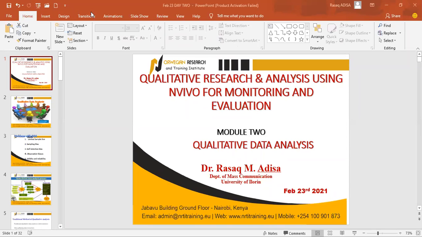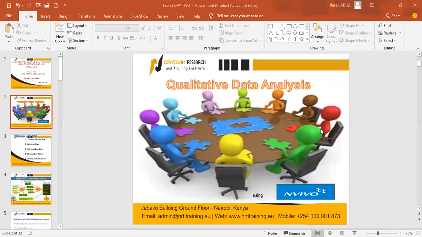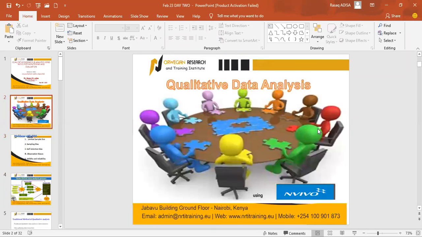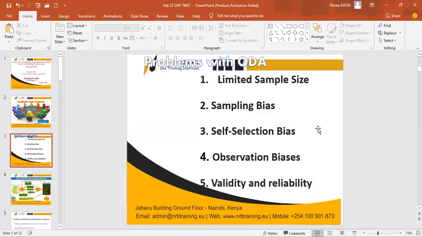So today, as I've said, we are moving into qualitative data analysis. There are some challenges that are generally known with qualitative. What are those challenges? Limitation of samples. These are what scholars usually use to rate qualitative analysis.